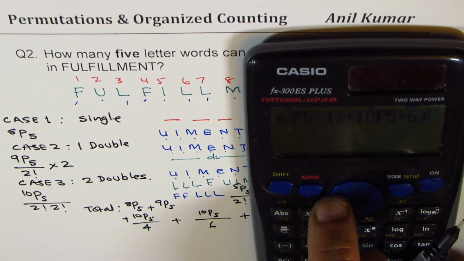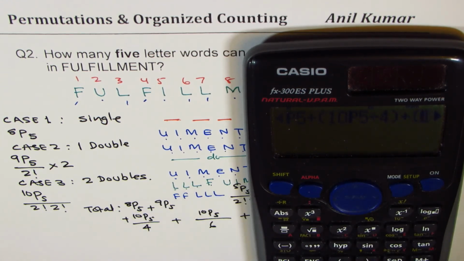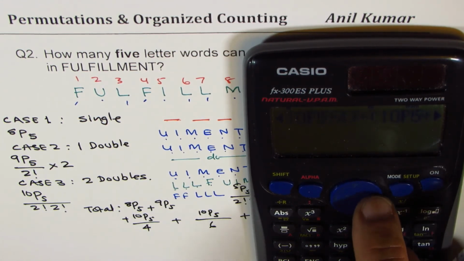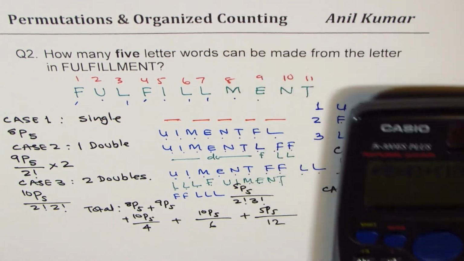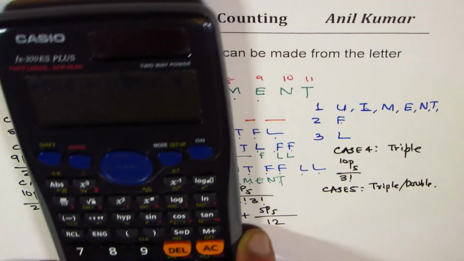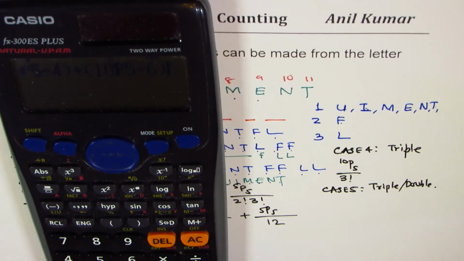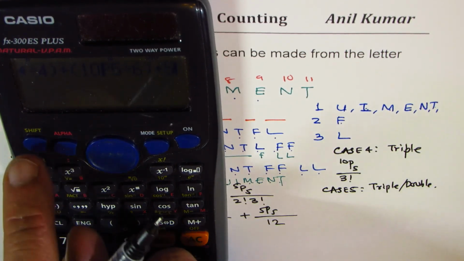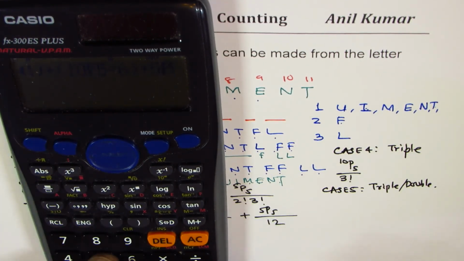I didn't put a bracket there; it was not required, but just to be on the safe side. And the last one is 5P5 divided by 12. So we'll do plus 5P5 divided by 12 equals.